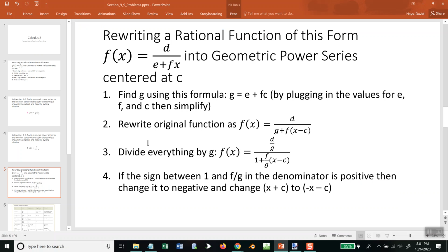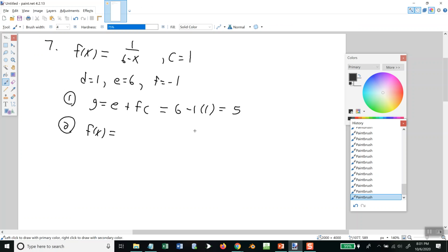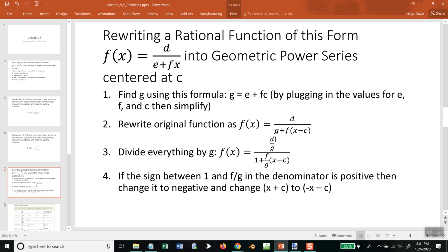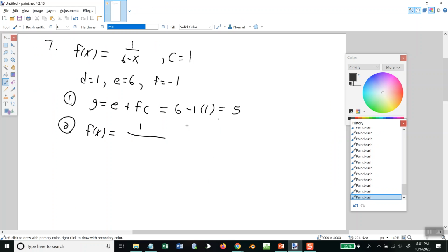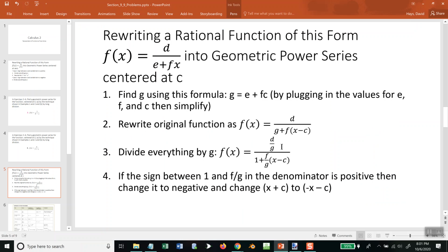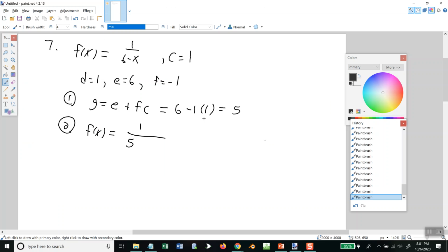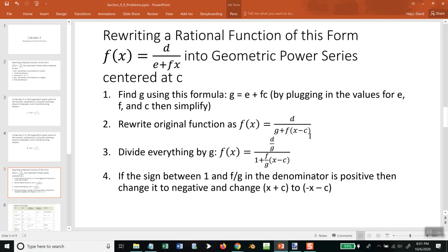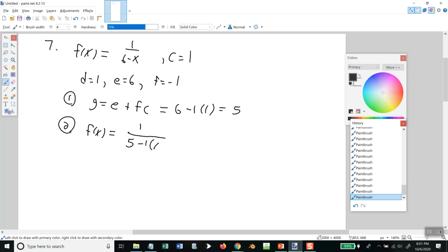f of x is equal to d was 1, over g was 5, plus f is negative 1, x minus c, so x minus 1.